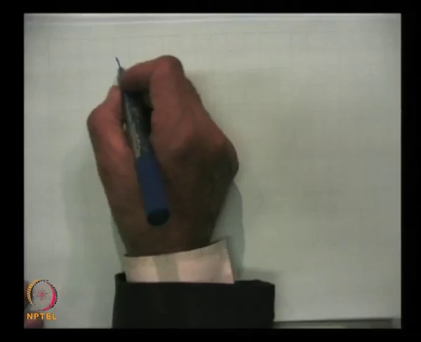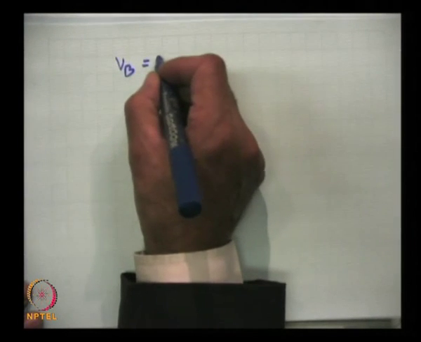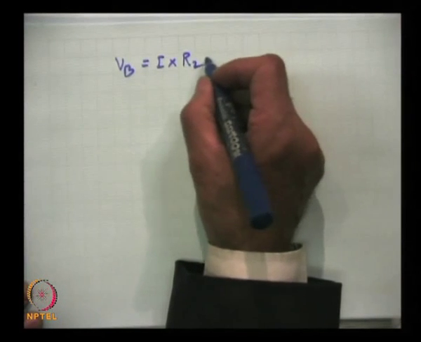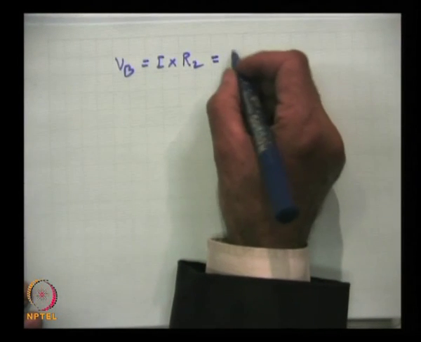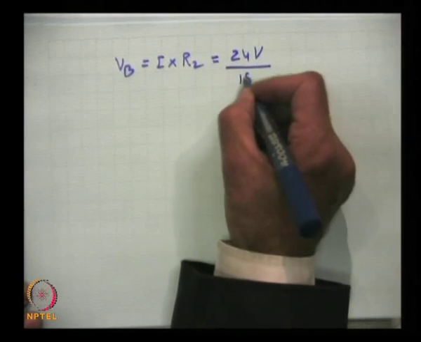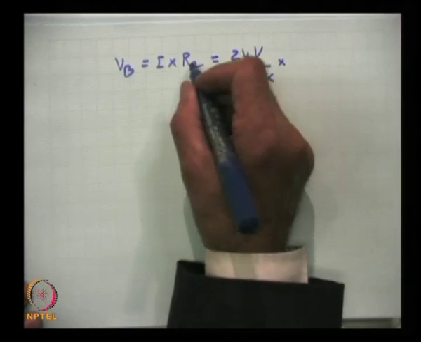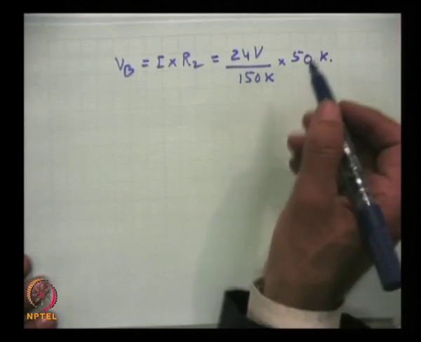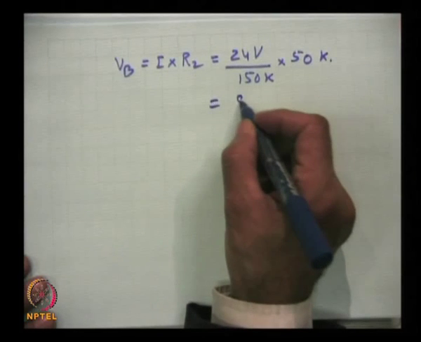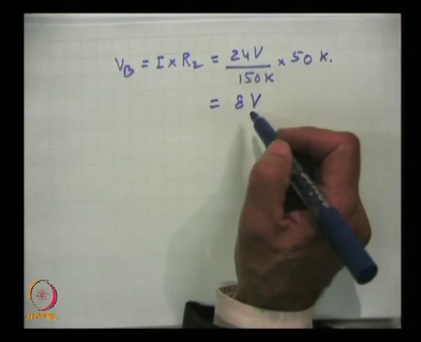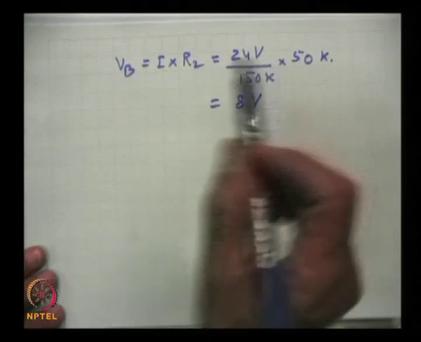So, the voltage V B is current into the resistance R 2, which is 50 K. So, I is 24 volts by 150 K, into R 2, which is 50 K, and this is equal to 8 volts. So, this voltage is 8 volts.